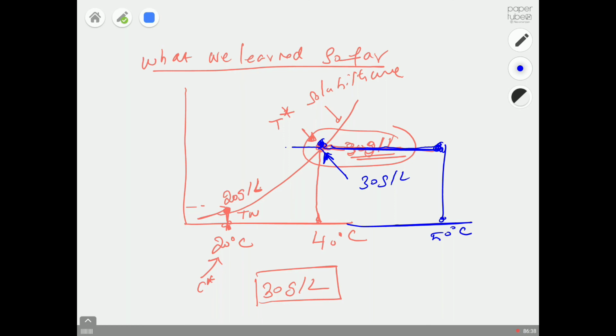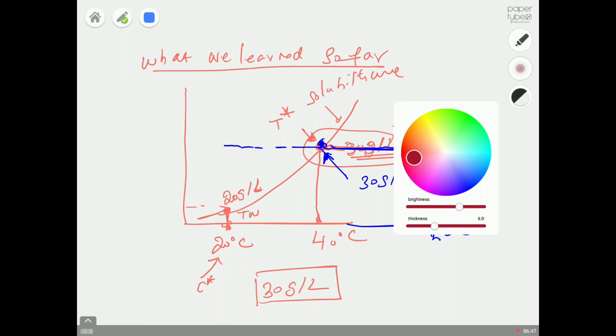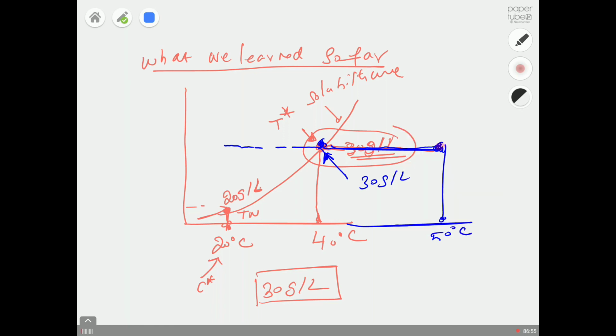Just follow this blue line. So we are cooling back from 50 degrees centigrade back to 20 degrees centigrade, which is at this point, and then you come down.